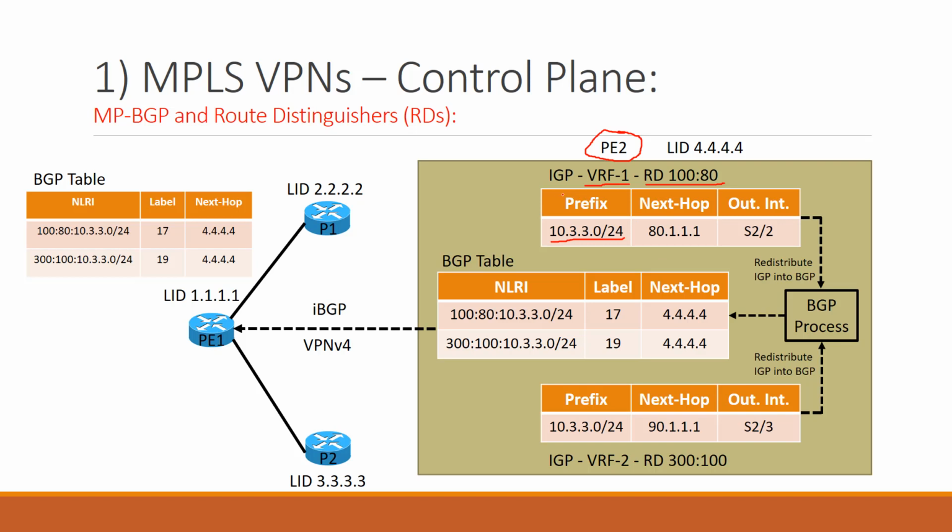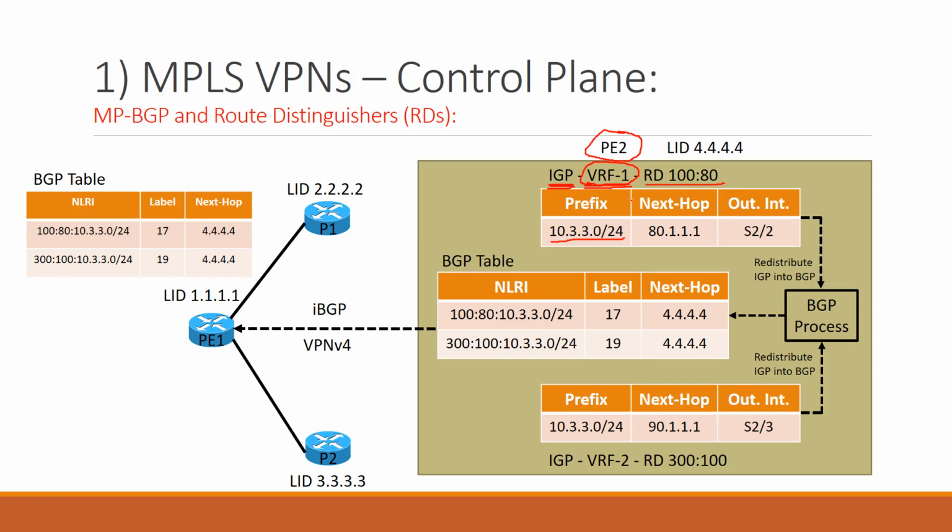But the IGP stores the learned route or prefix inside the dedicated VRF, let's say VRF1, because provider edge 2 is connected to customer 1 site B through interface serial 2/2, which is dedicated to, or attached to, VRF1.